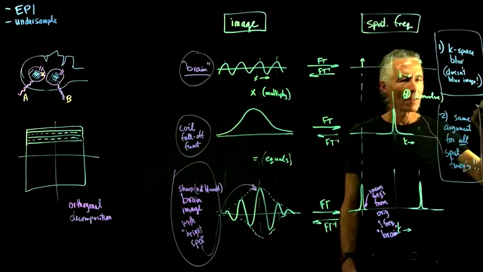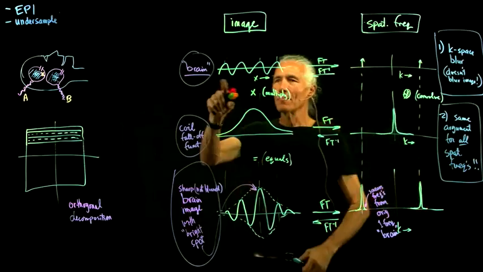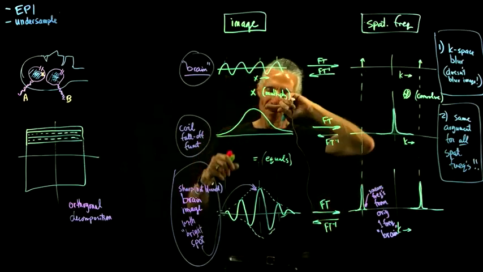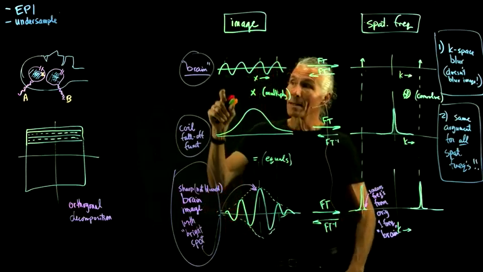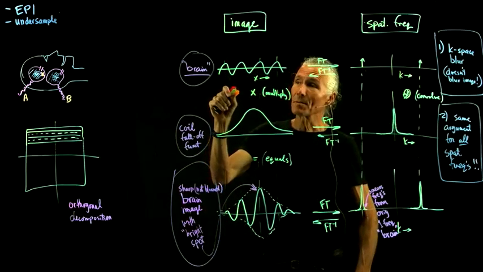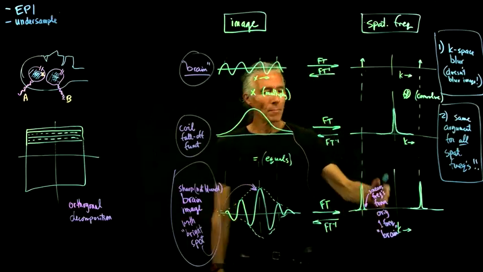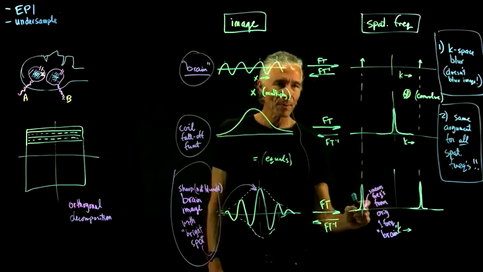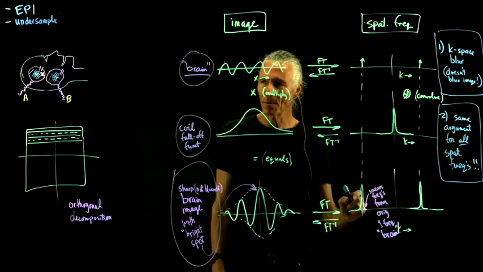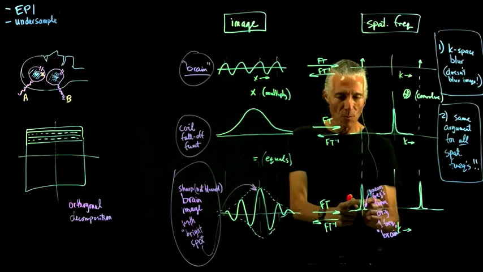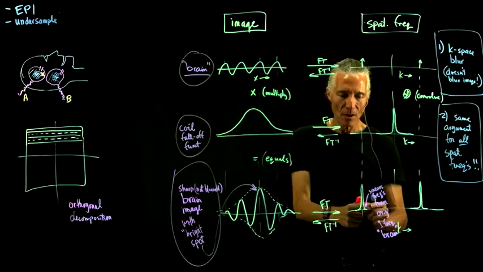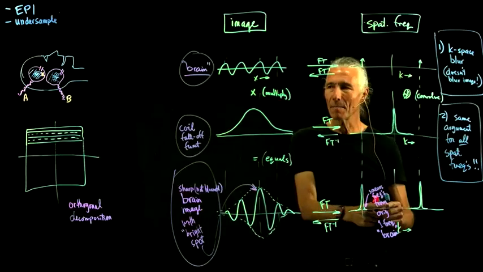I just did one cosine brain, but the brain consists of all different spatial frequencies. It consists of spatial frequency 4, 5, 6, and there's a lot of 1, and so we can apply the exact same argument, and the same amount of blurring will occur. That's the important point. So the width of this blur at all these different frequencies is exactly the same.